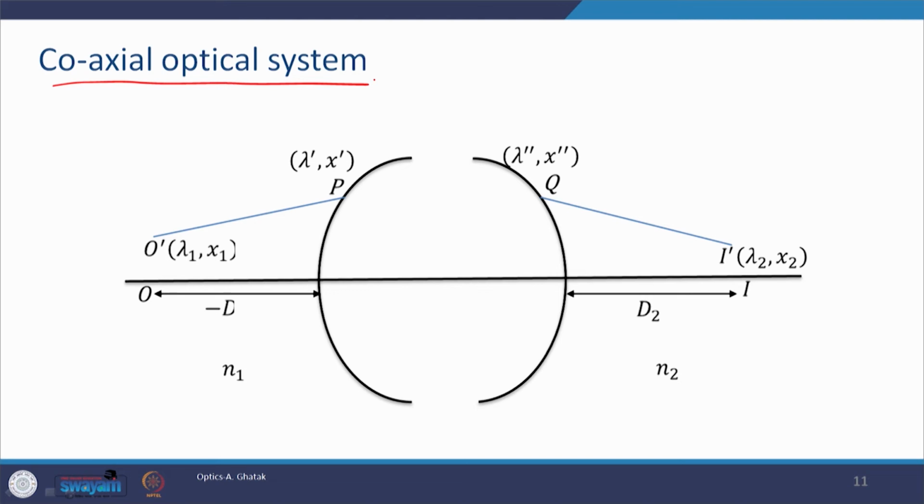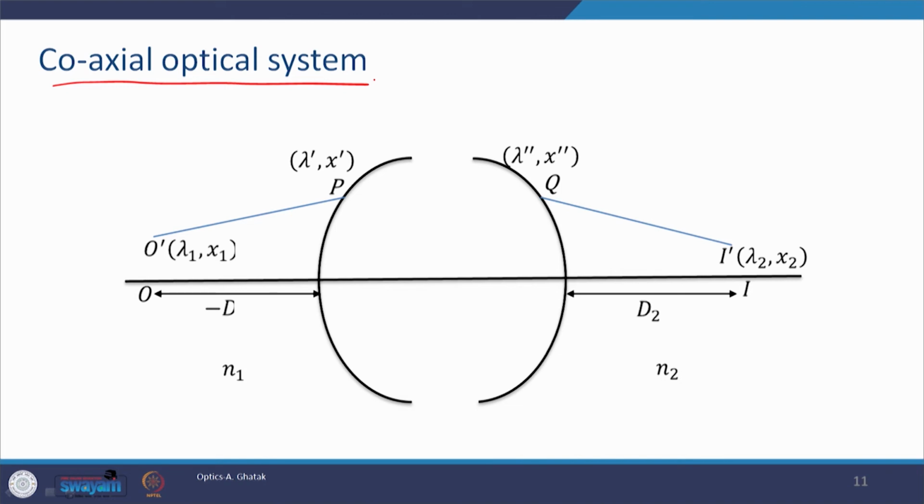Optical system means that instead of having a single refracting surface or some translation, we have, suppose, a black box with any number of lenses, and these lenses are of different kinds. Few are concave, few are convex.